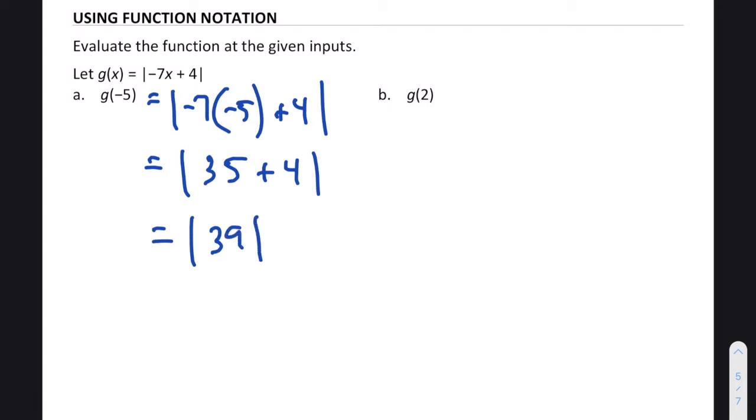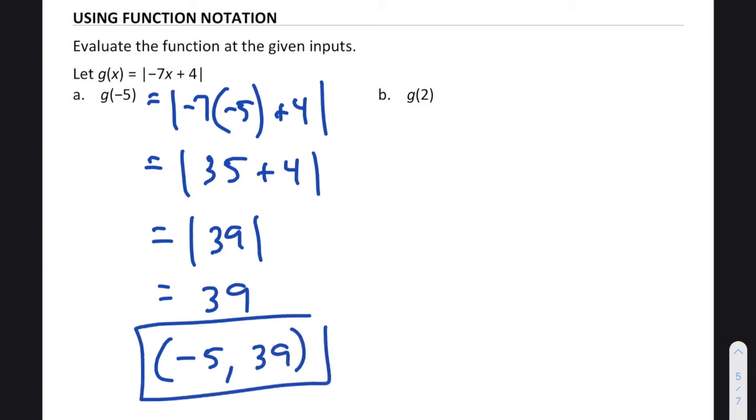And in this case, the absolute value isn't going to matter because we have a positive number on the inside, so we know the absolute value of 39 is 39, so we're just going to leave that as 39. But then we're going to write our answer as an ordered pair, so we write it as negative 5, comma 39.